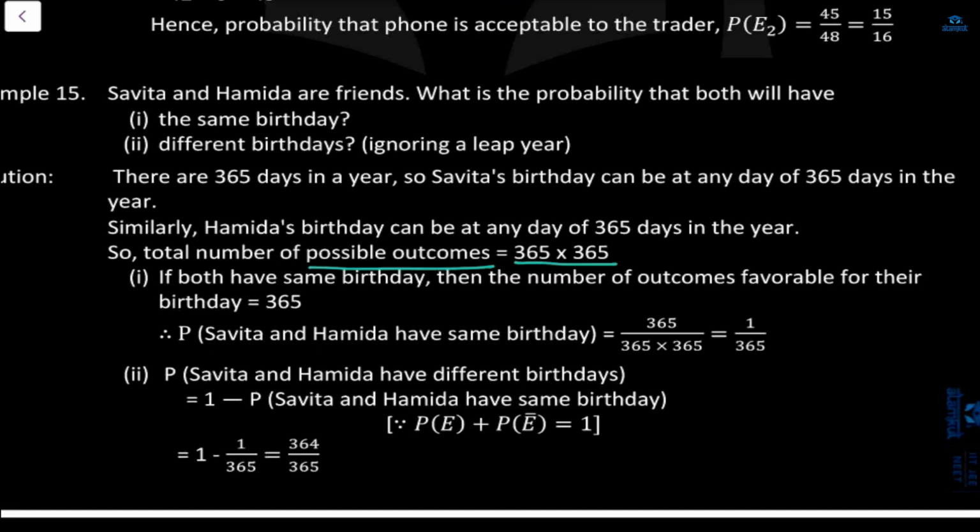Now if they are having birthdays on different dates, you can directly find out P bar, because this is the probability of having their birthday on the same day. That means P bar will be the probability of Savita and Hamida not having their birthday on the same date. So it will be 1 minus 1 upon 365, so it will be 364 upon 365. They are having birthdays on two different dates.